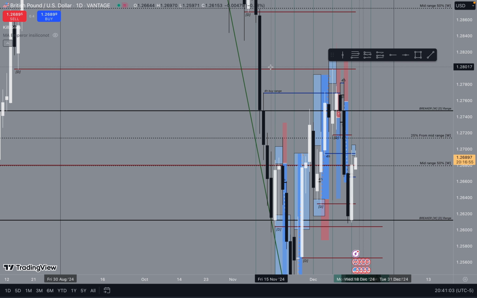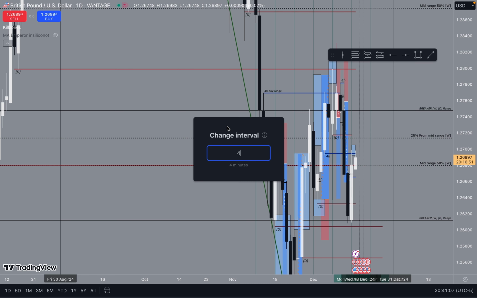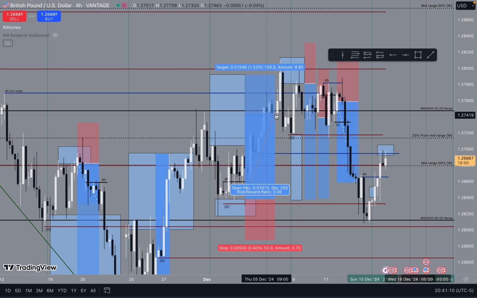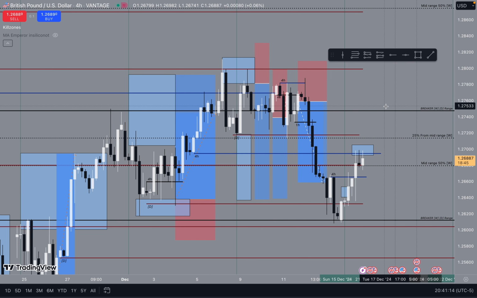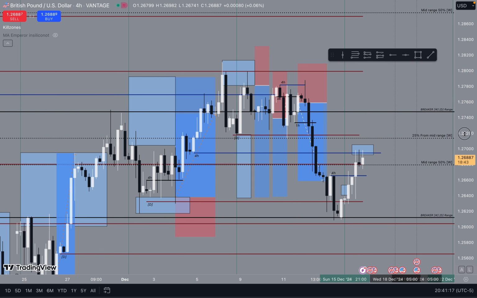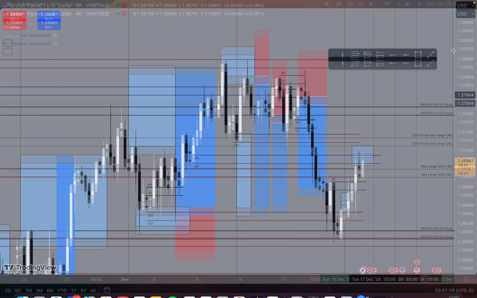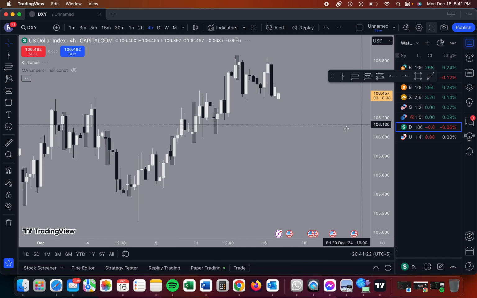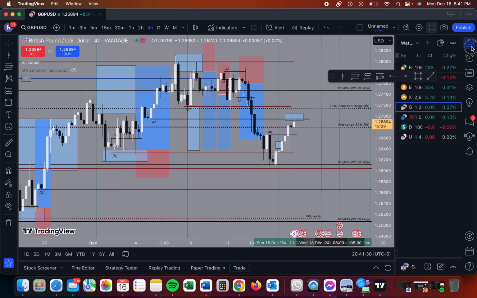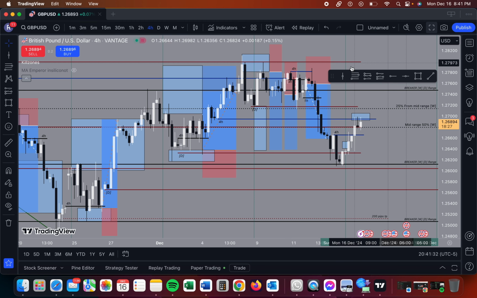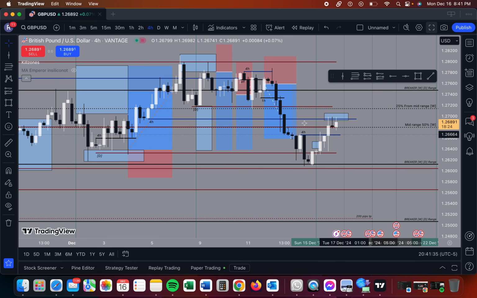So these two red lines, I use as a range because I'm still bearish on the British pound from the previous week, because the dollar is very strong. I saw that the dollar was strong bullish, so I'm strong bearish on the British pound.